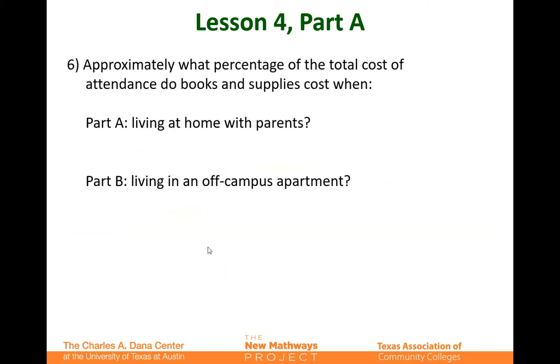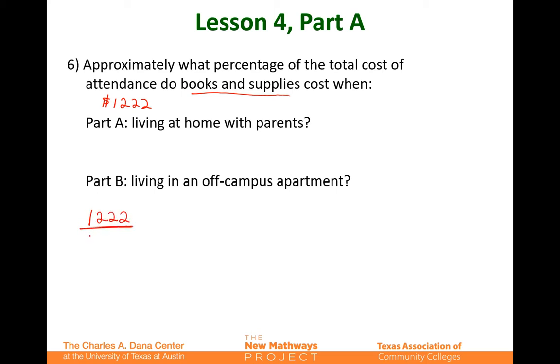So, books and supplies. We know that was $1,222. All right, so living at home with parents, we have $1,222.